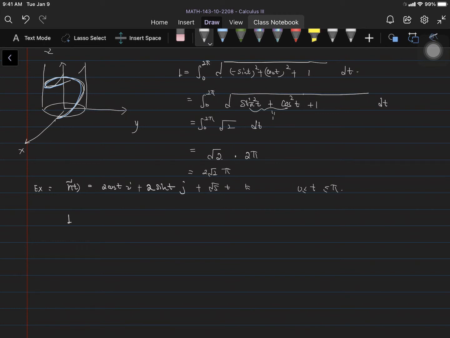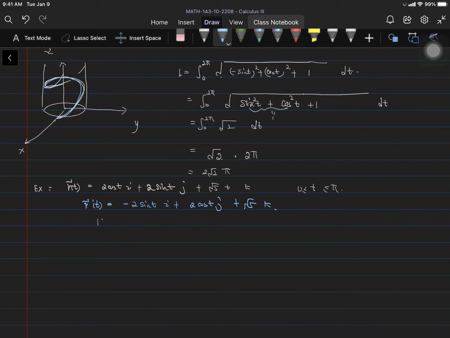And you know, you can also do it another way. I can show you the other way. We are going to use the second formula. We calculate r prime t, which you can calculate from here: negative 2 sine t i, 2 cosine t j, root 5 k.